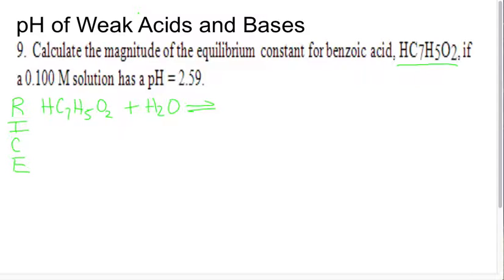So what are our two products going to be? H3O plus and C7H5O2 minus. Okay? So whenever they give you a concentration of an acid or base, that is always the initial concentration in the solution right here. So this was given to us in this problem as 0.100.